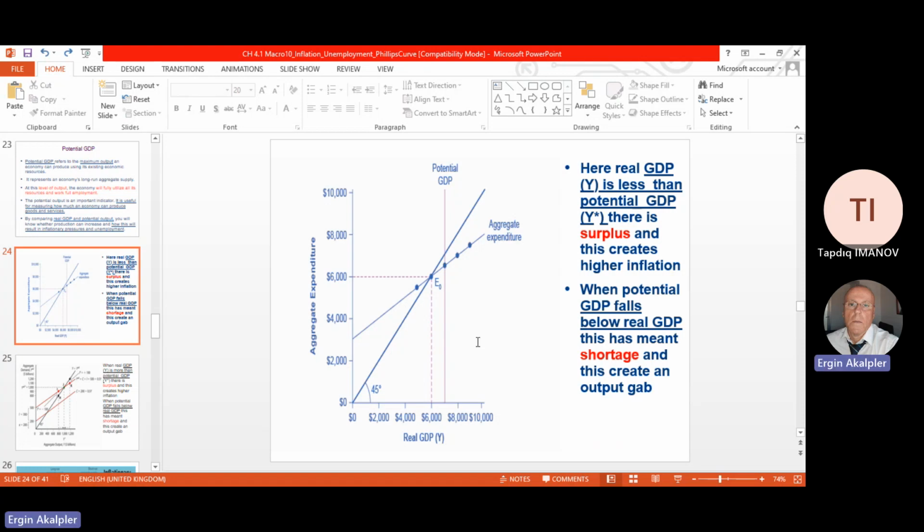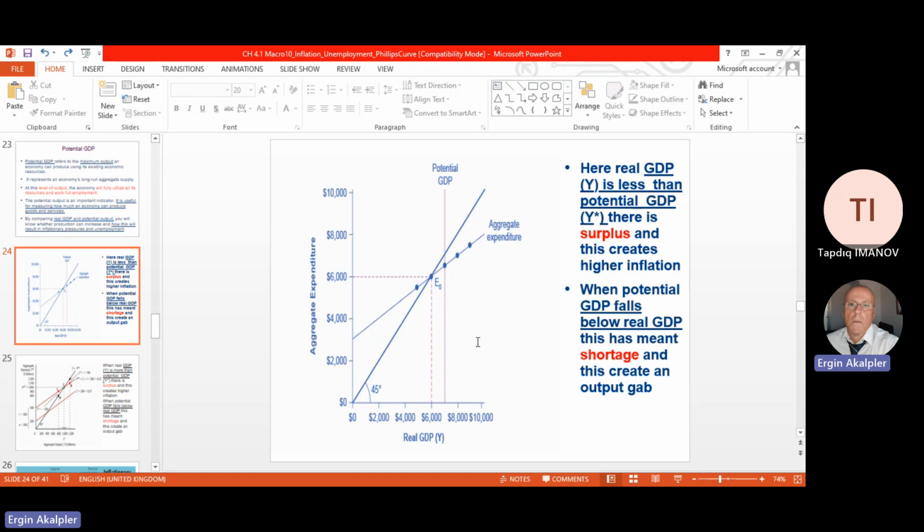And what does it mean? Here, real GDP, Y, is less than potential GDP. As you see, potential GDP means you are at full employment, you are using full capacity, and it is the economy's entire expected realized capacity or production. But if the real GDP, the existing current year GDP, is below it and the aggregate expenditure intersects the 45 degree line, then this means you are below the potential and you need to enlarge it.